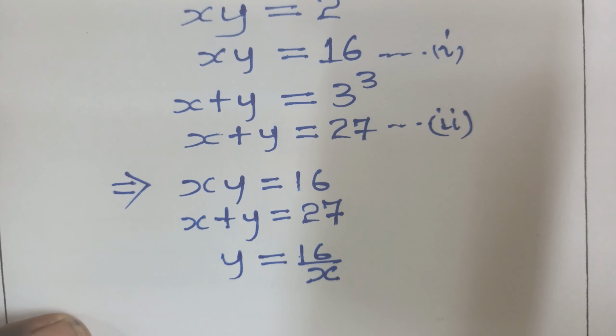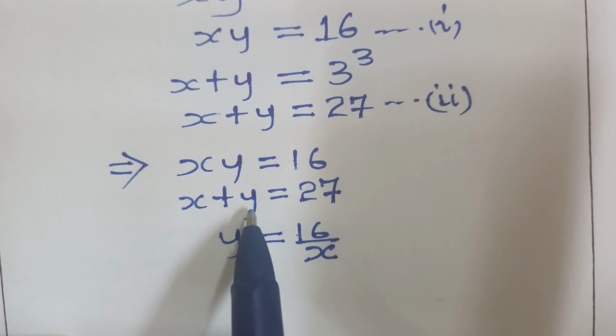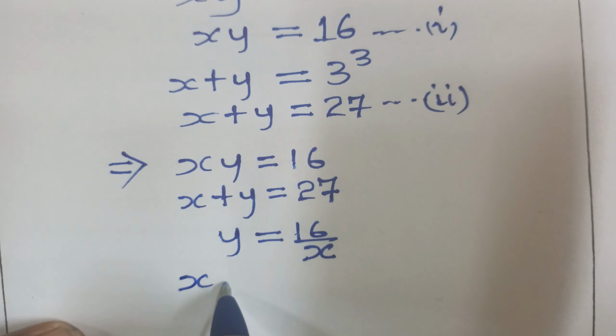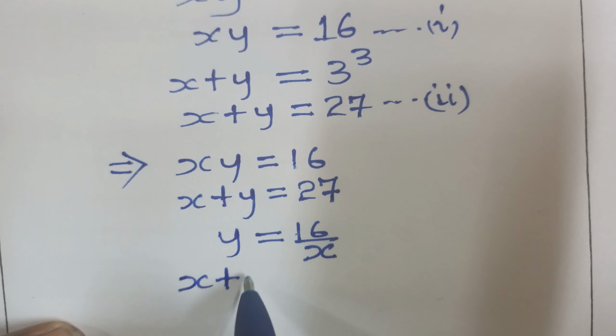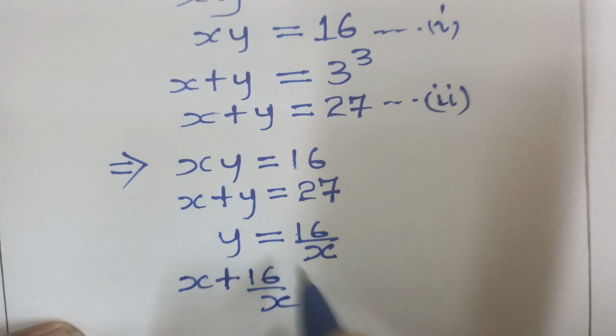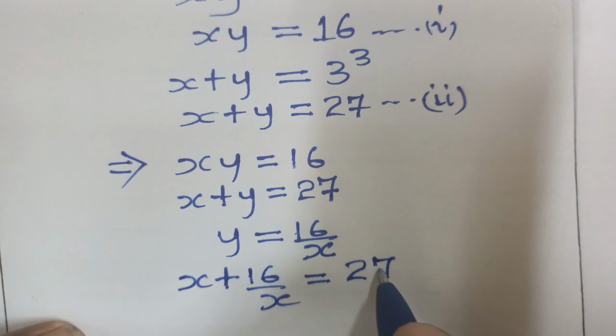Now using the substitution method, I can substitute for y right here. So we shall have x plus, instead of writing y, I write 16 all over x. This now comes to 27.